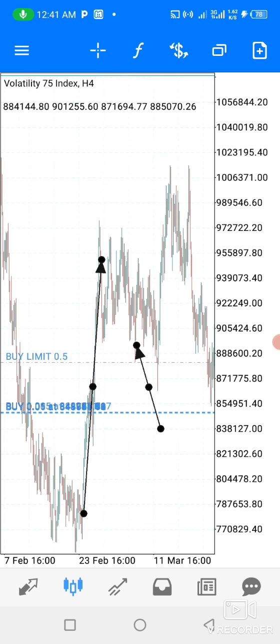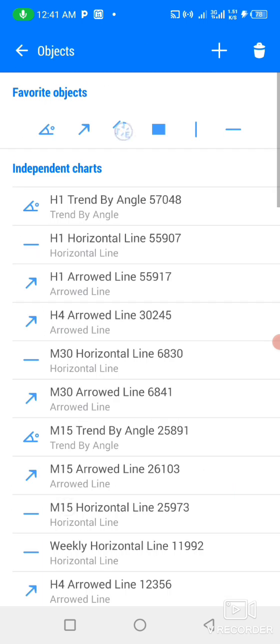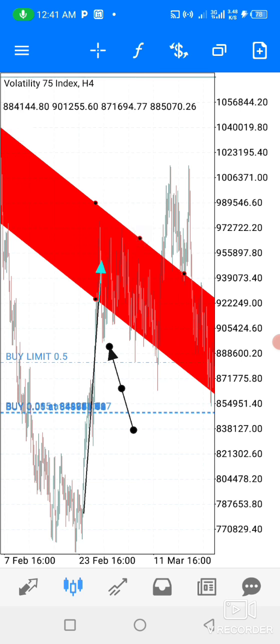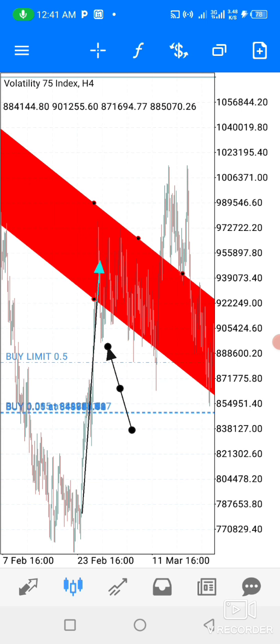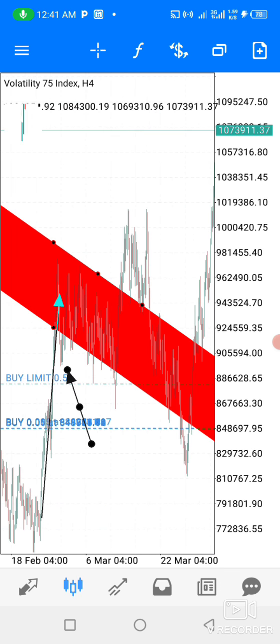But one thing is, you need to understand market structure. You see this structure that is forming here. Let me draw it carefully with a channel. Let me delete this and mark it again with something good. That is a flag.